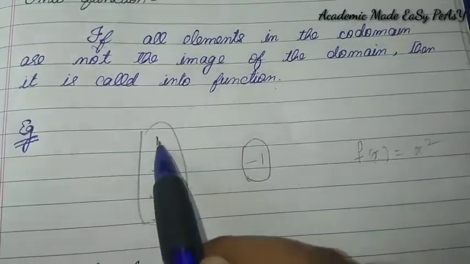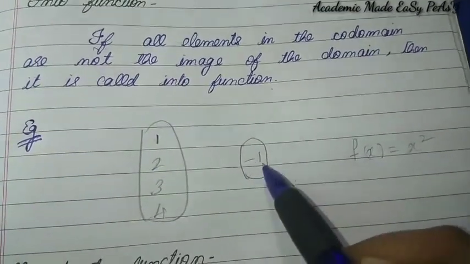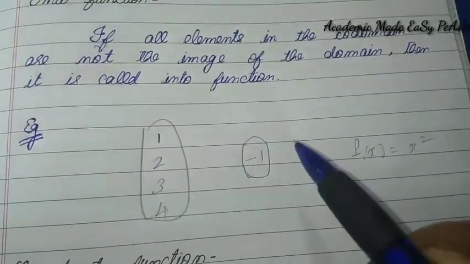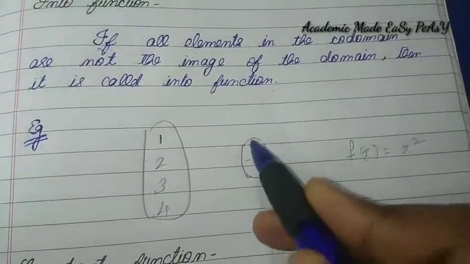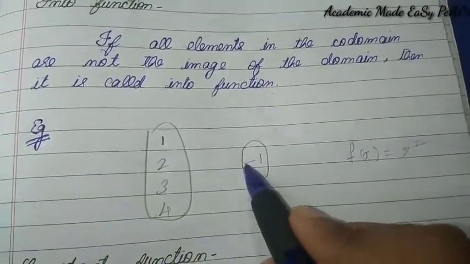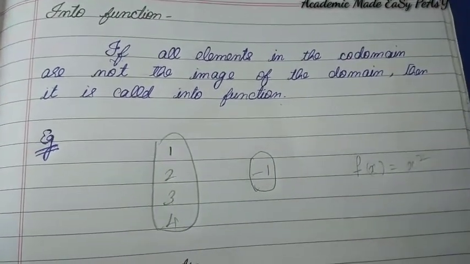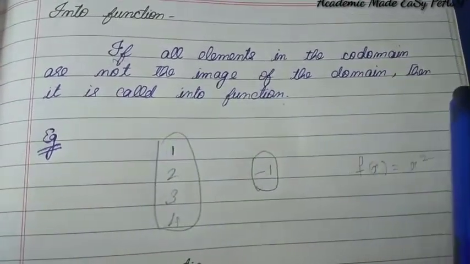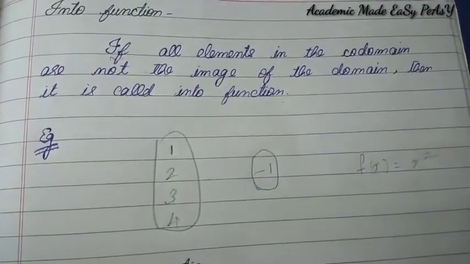Okay, what is x? 1 square? 1, but I don't have it here. 2 square? 4. 4 I don't have here. 3, 9. 4, 16. I don't have anything. I cannot map these two sets. So then it is called an into function. If all elements in the codomain are not the image of the domain, then it is called an into function.